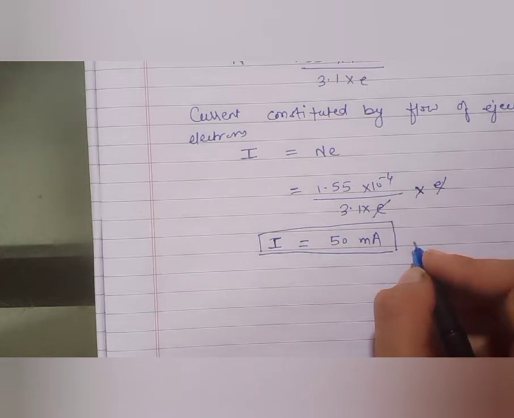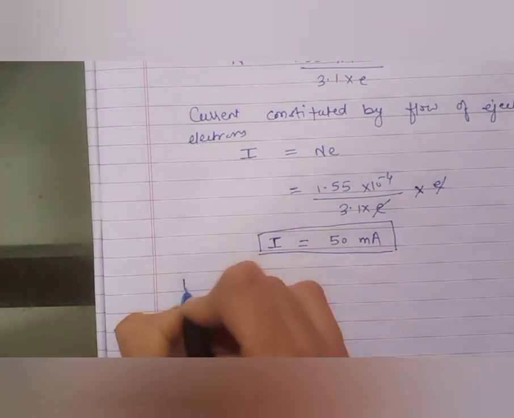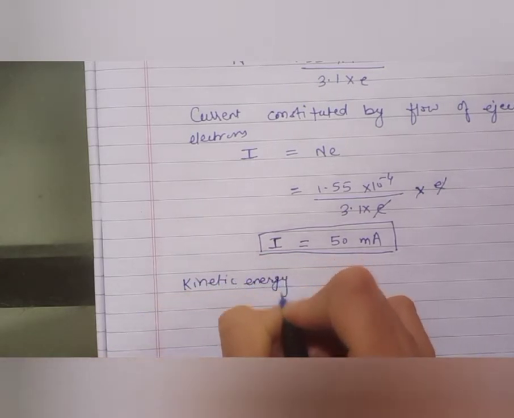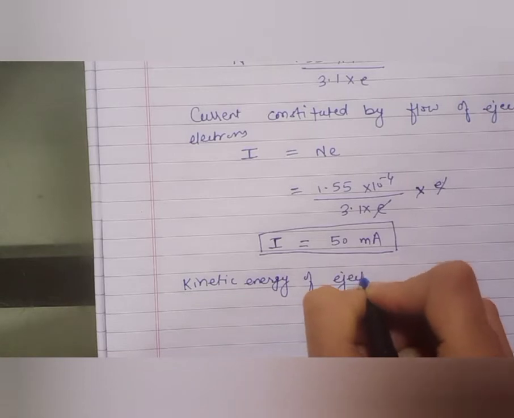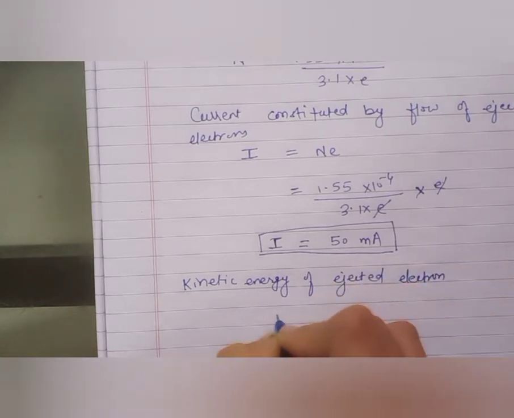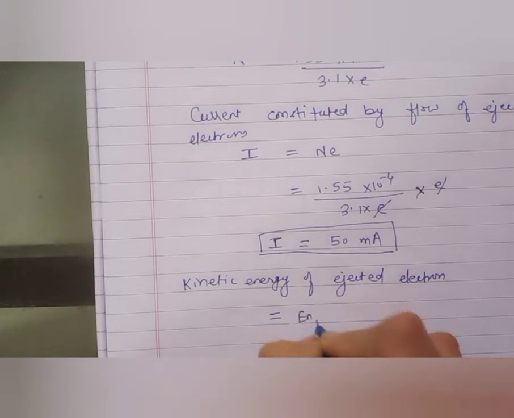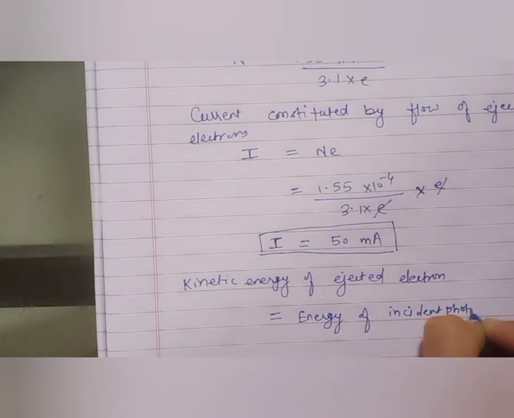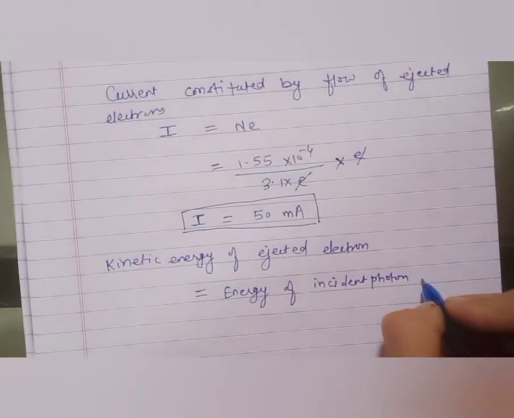So first, we know this formula: kinetic energy of ejected electron is given by energy of incident photon minus work function.